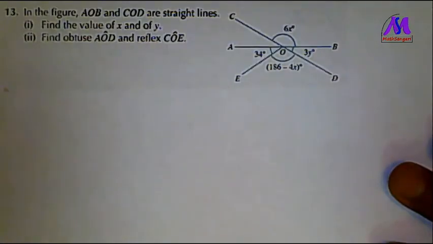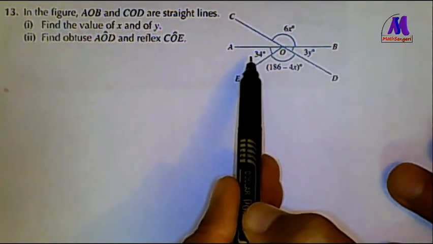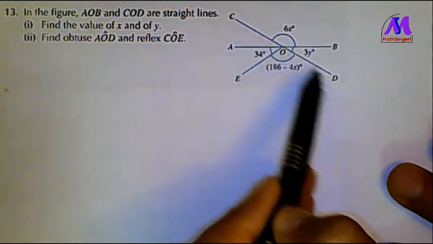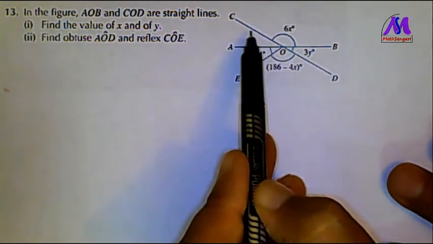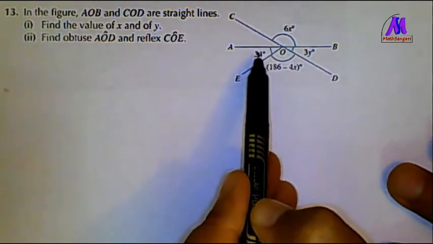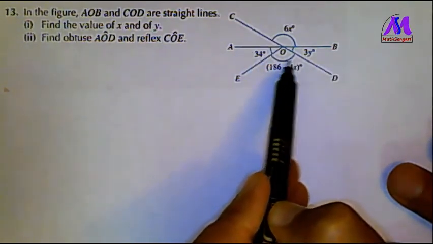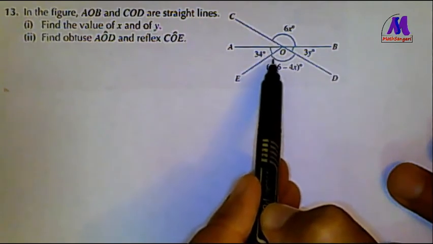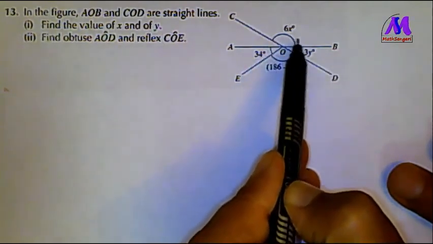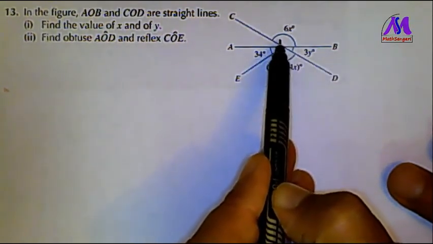Question number 13 in the figure. So part first, AB straight line intersects CD straight line. So it means as a whole this angle will be the vertical opposite angle of this angle.